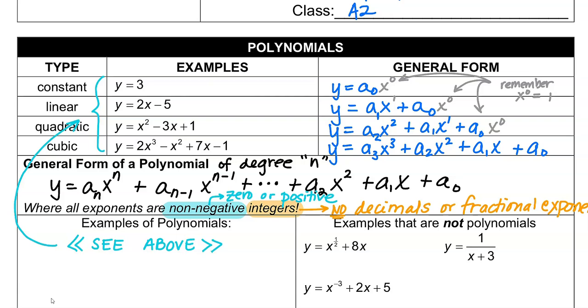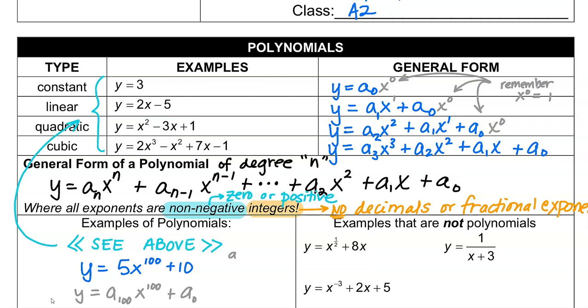So let me give you an example here, like y equal to 5x to the 100 power plus 10. So notice here, I could rewrite this to be y equals a sub 100 x to the 100, because I know that they're going to match, the subscript and the exponent. And then it's plus, and it's just the constant.